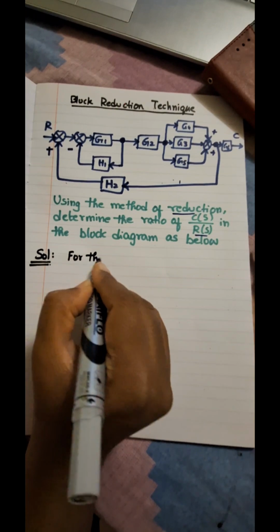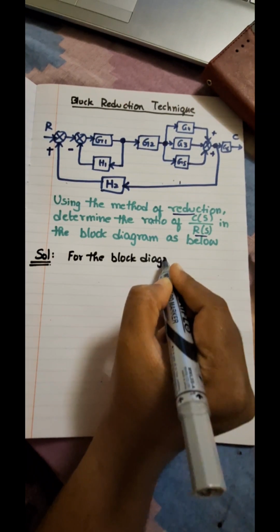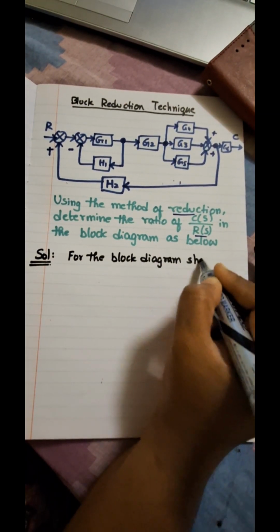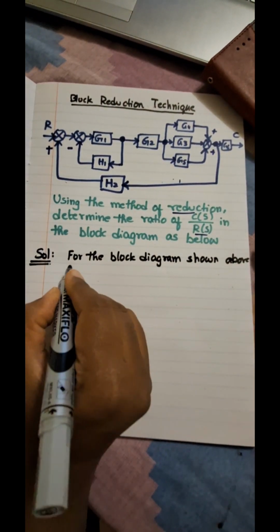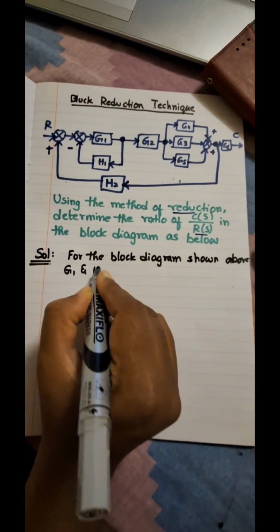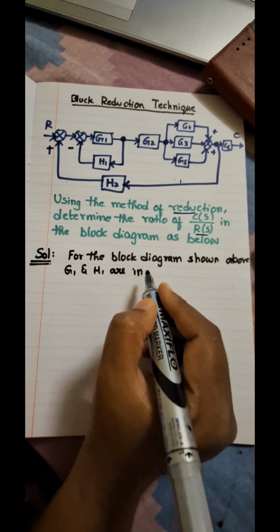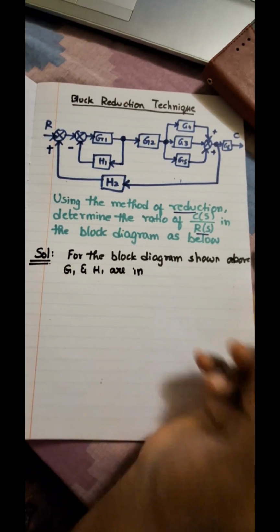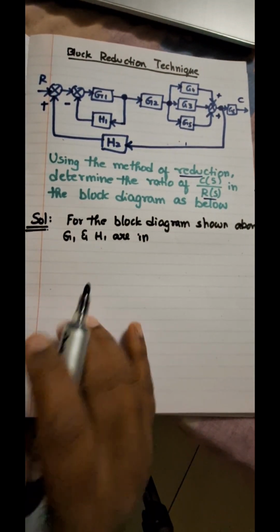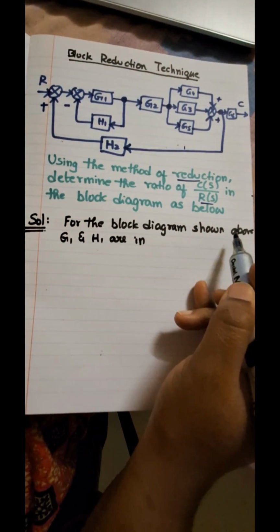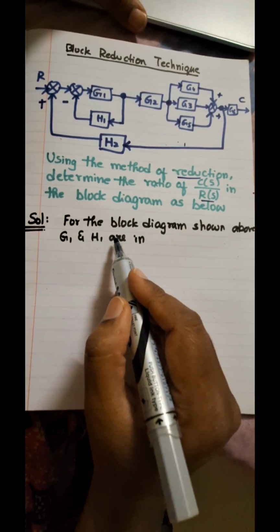For the block diagram shown above, G1 and H1 are in feedback, right?